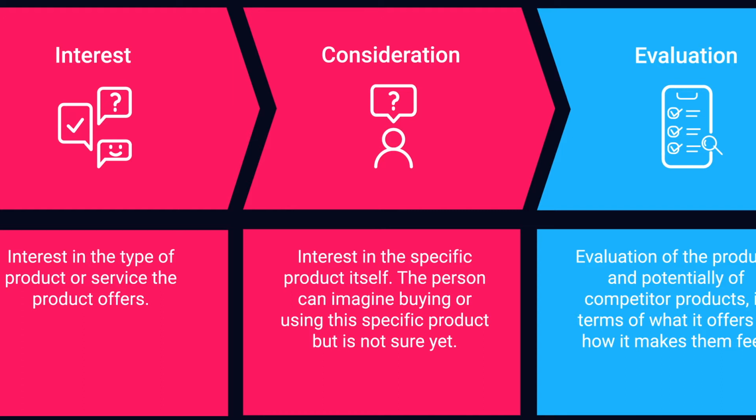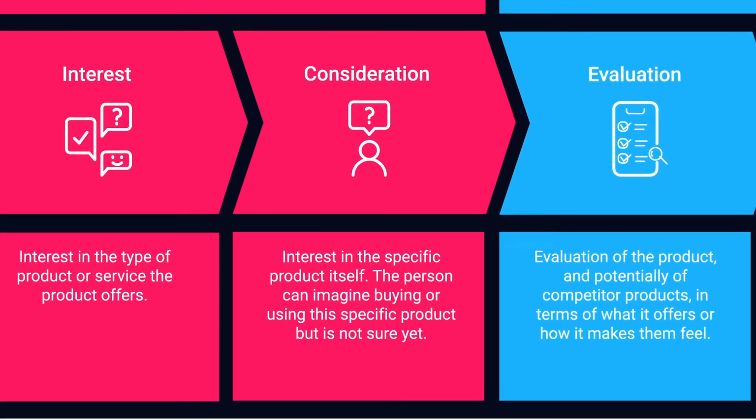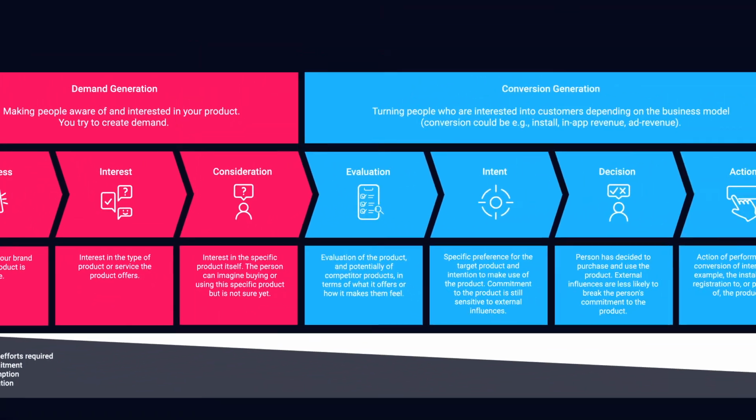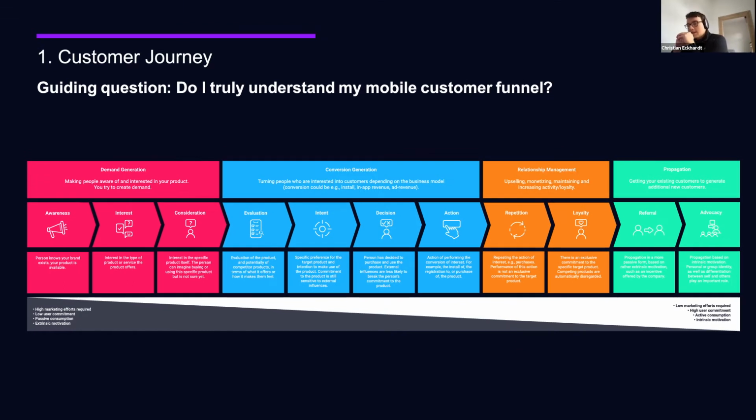Like I said before, those 3 steps in the demand generation very often happen in the very same moment. So a user sees an ad and goes through those 3 steps in a matter of seconds. Anyway, consideration is the last step in this demand generation part. There the user is already trying to understand what the product could do for them, and they could already imagine buying this specific product or a product of this kind.